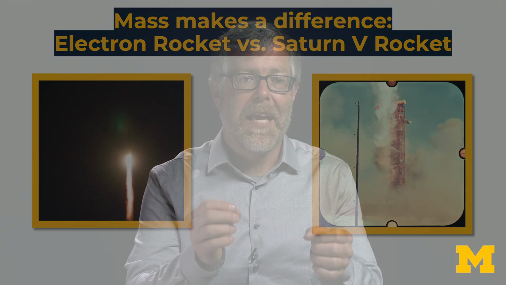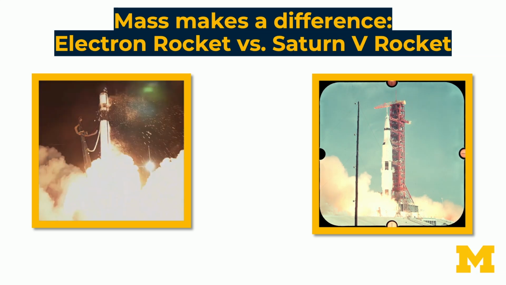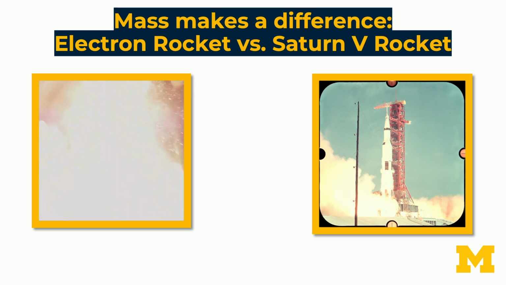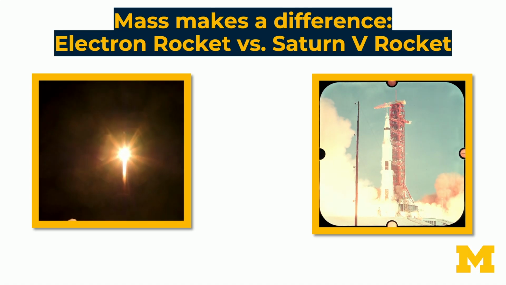And so when each of these rockets start to accelerate, when they're on the pad and the engineers push the button to go, the Electron rocket almost jumps off of the pad. It accelerates very quickly because it is very light.